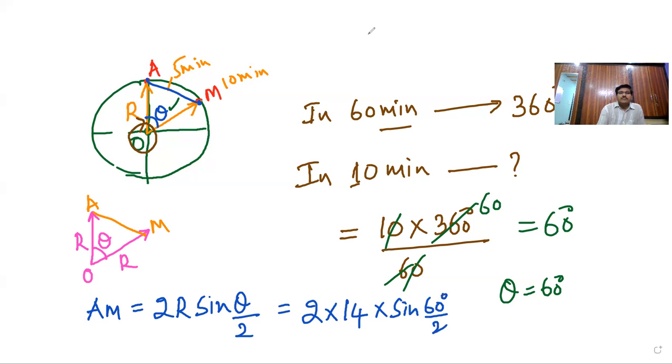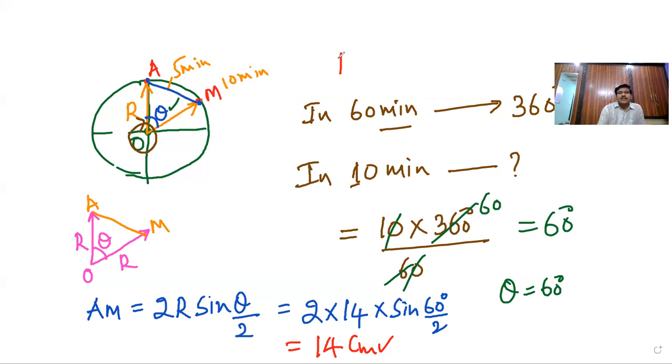So on simplification, clear? Sine 60 by 2 is sine 30. Sine 30 is how much? Half. And this 2 into this half cancels. Final answer is 14 centimeters. So AM is the displacement.